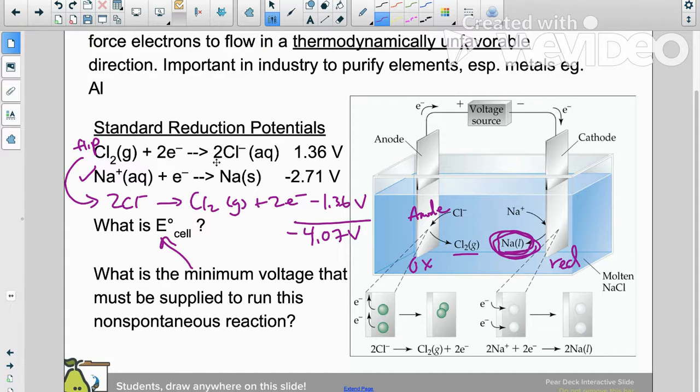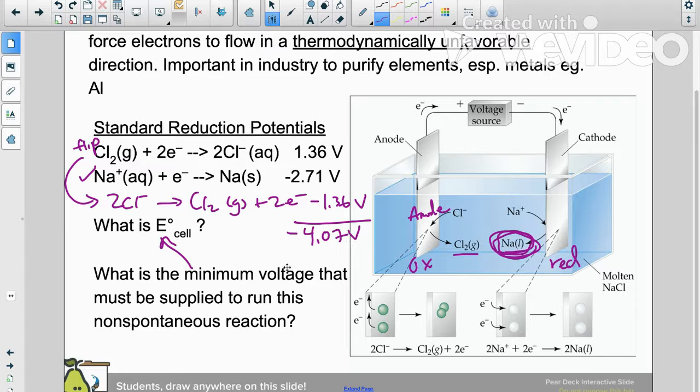In nature, chloride wants to stay chloride and sodium ion wants to stay sodium ion. It does not want to form these things naturally. So we've got to force it to go in the thermodynamically unfavorable direction to get it to happen.